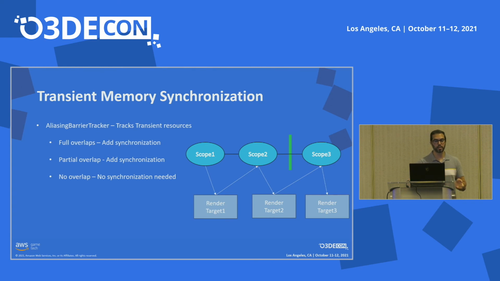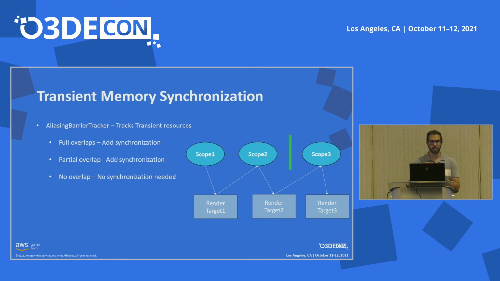And then how do we synchronize this memory? The idea here is that you still want to add a synchronization mechanism between scope 3 and scope 2, because scope 2 is the one that's going to read from render target 1 and then write to render target 2. So scope 3 cannot start until scope 2 finishes, because render target 1 and 3 are using the same memory.